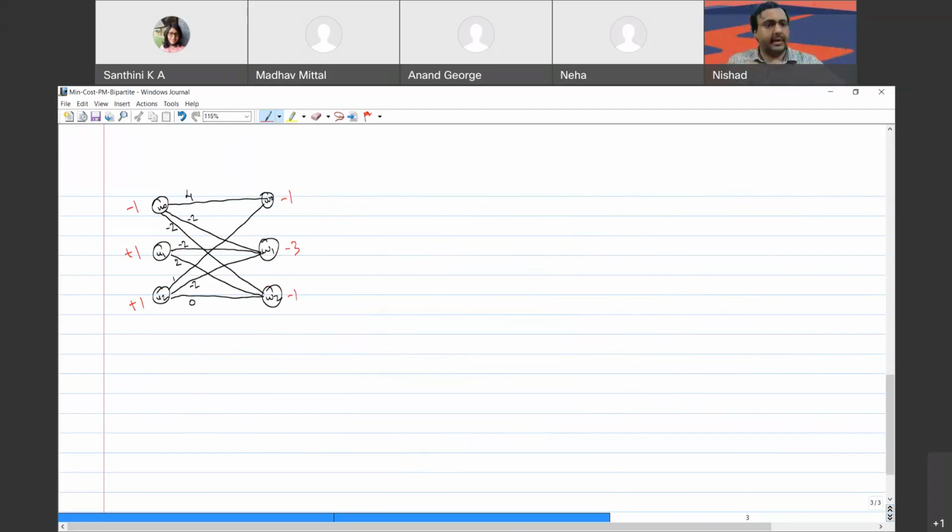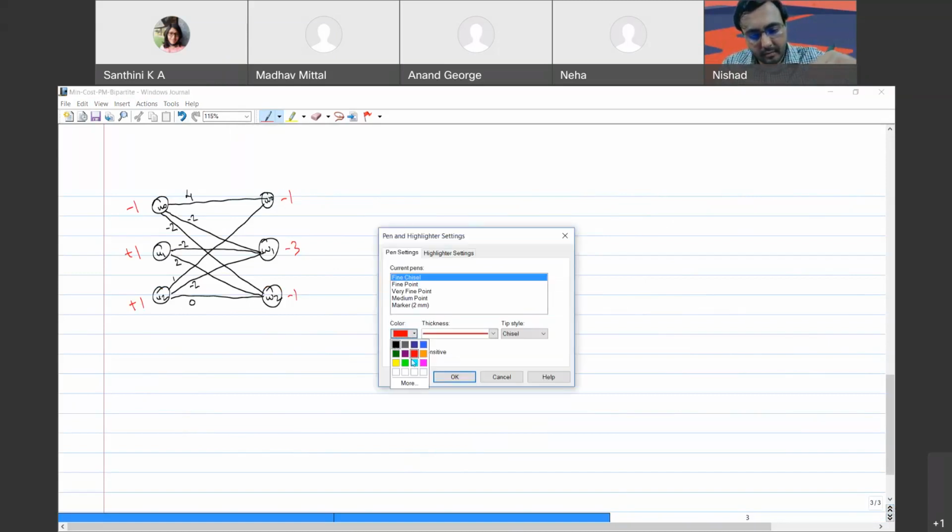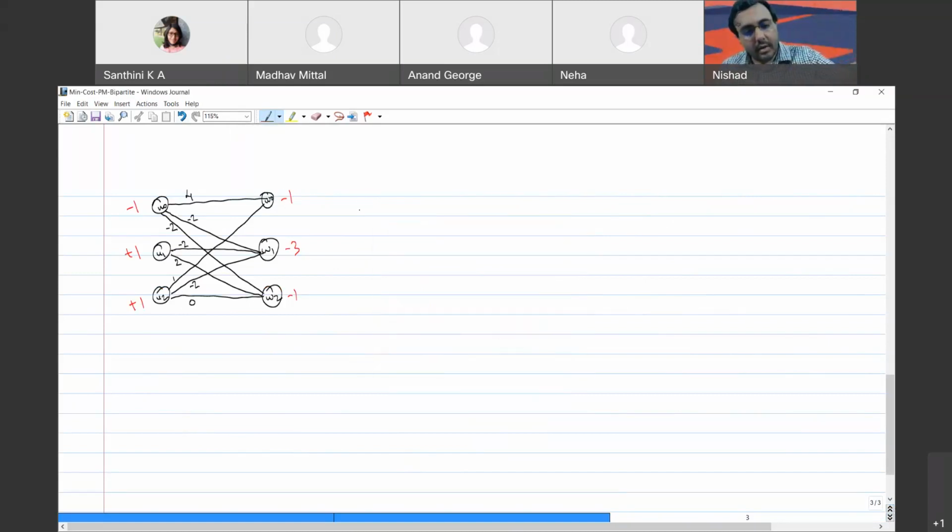All right. So let's draw the tight graph. What are the tight edges? Can someone tell me? All the previous ones.